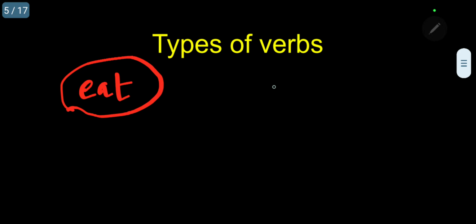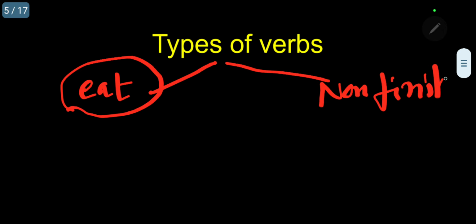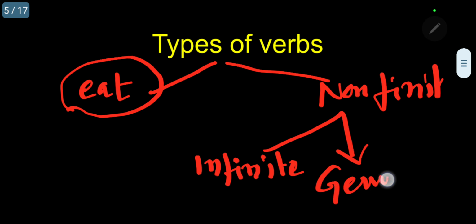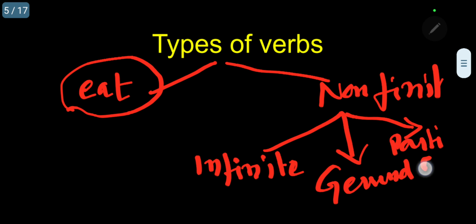In order to convert this finite verb into non-finite, kindly follow me. Number one, infinitive. Number two, gerund. Number three, participle. Kindly follow me.